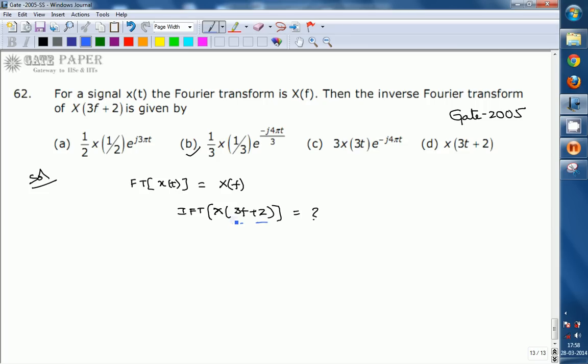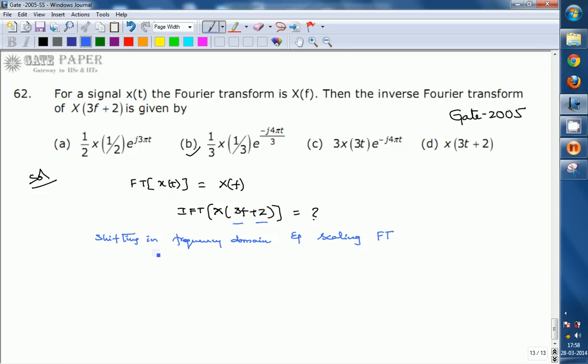Now by using the shifting in frequency domain property and the scaling property of Fourier transforms, we will find the inverse Fourier transform for this given function.